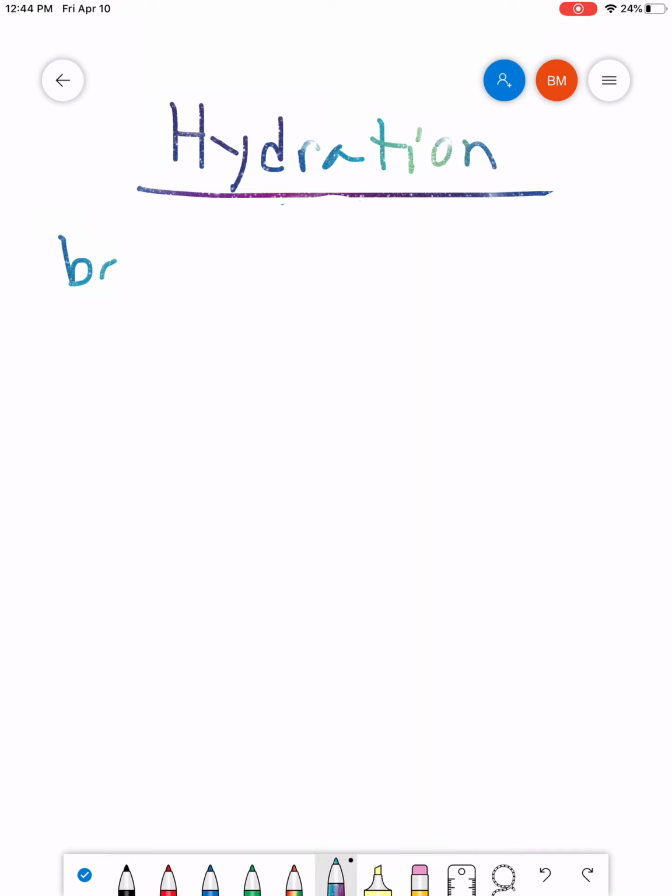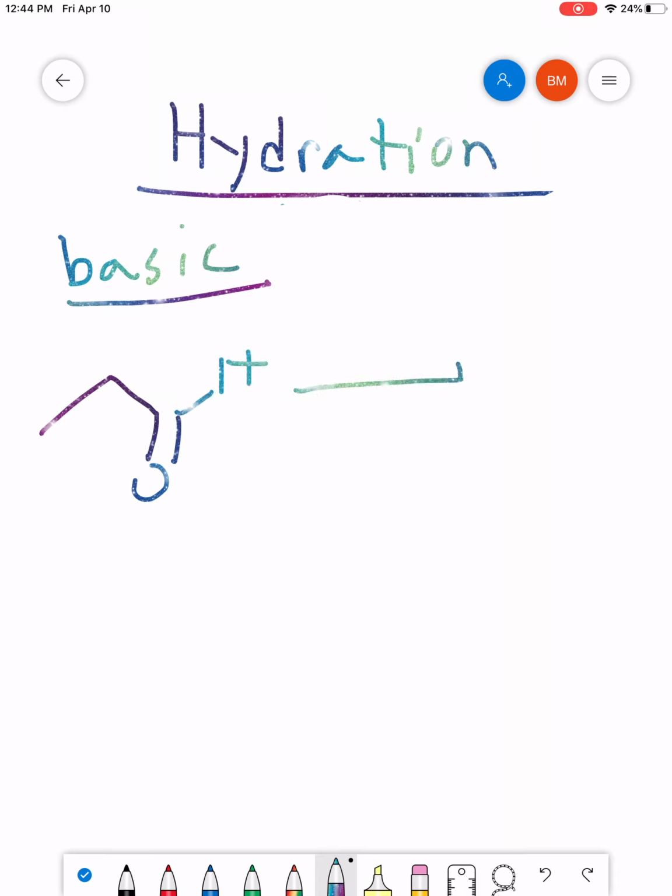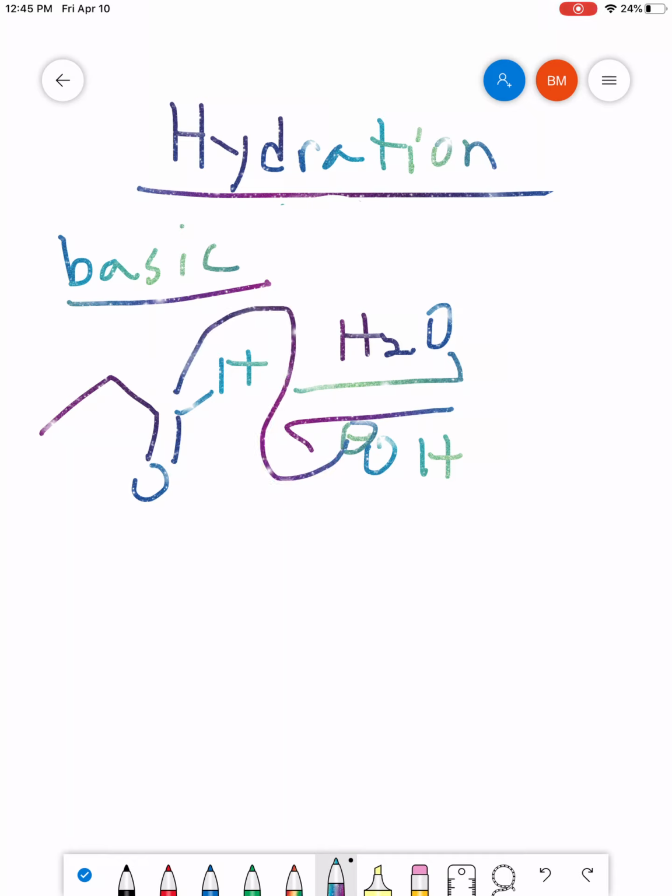Basic media is the one I'm going to show you first. Let's say we have an aldehyde, just this guy right over here, and we add water in the presence of OH minus. OH minus is a strong nucleophile, so you're going to have a nucleophilic attack on that carbonyl carbon.